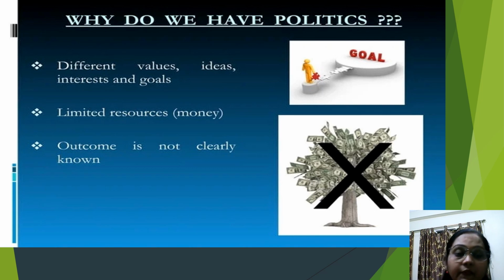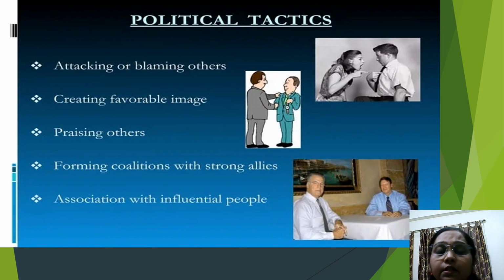So in an organization, people always try to utilize some political tactics, and it may be attacking or blaming others, creating a favorable image, praising others, forming coalitions with strong allies, and association with influential people.